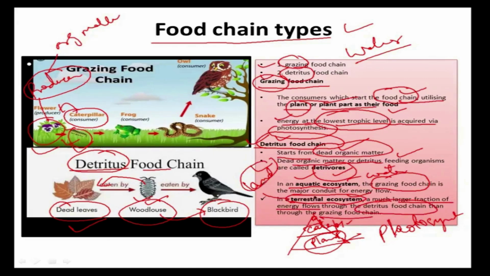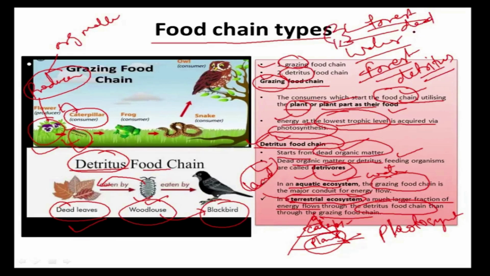It means in terrestrial ecosystems such as forest, the grazing food chain is less, but the detritus food chain is more. It is dominating there, because in the forest there are so many plants that shed their leaves, so the dead material is much more. That's why the detritus food chain is the dominating food chain in the terrestrial ecosystem.